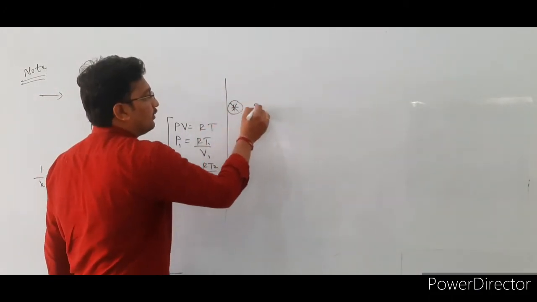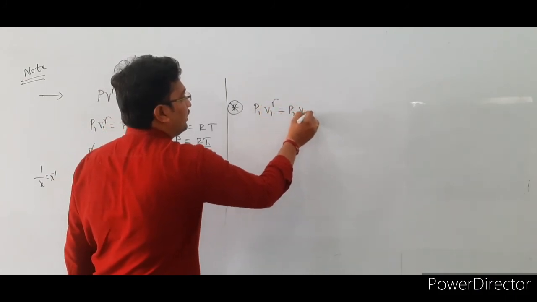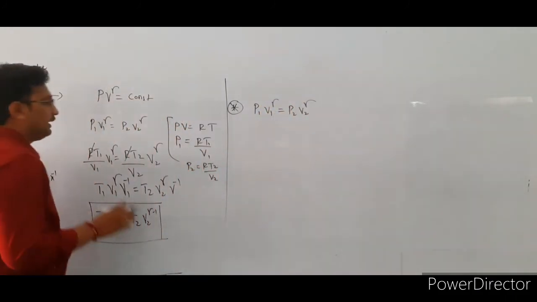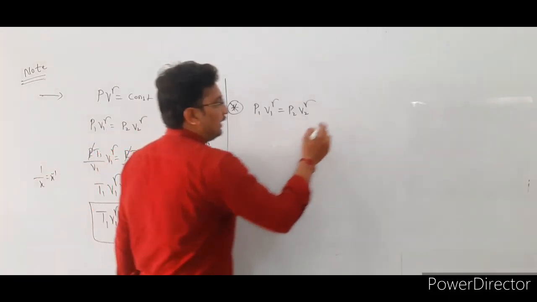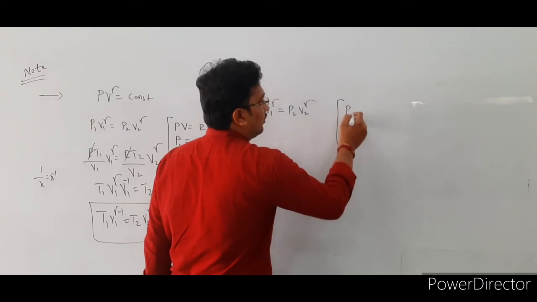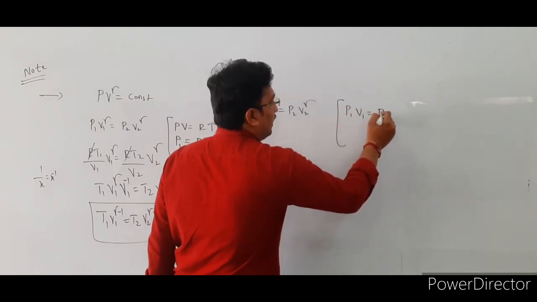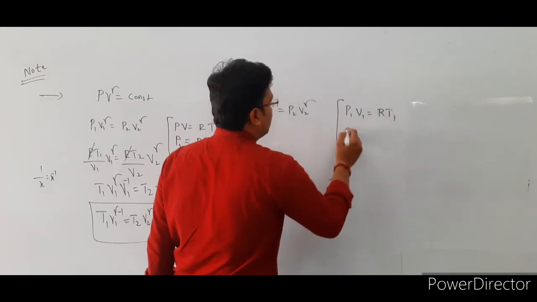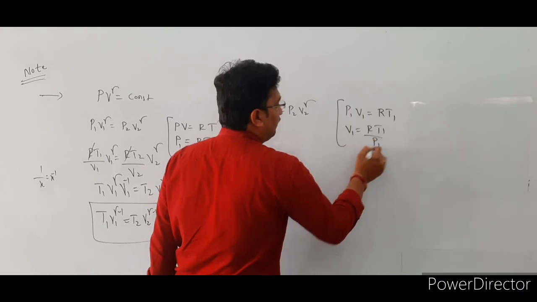Okay, in general the equation is P1 V1 to the power of gamma is equal to P2 V2 to the power of gamma. So in this case we are substituting the P value, and here we are going to substitute the V value. So from the ideal gas equation for 1 mole of a gas, P1 V1 is equal to RT1. From this, V1 is equal to RT1 divided by P1.